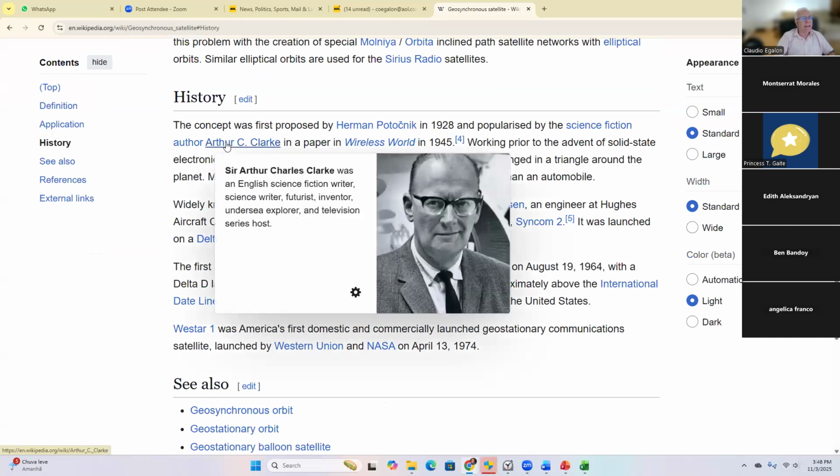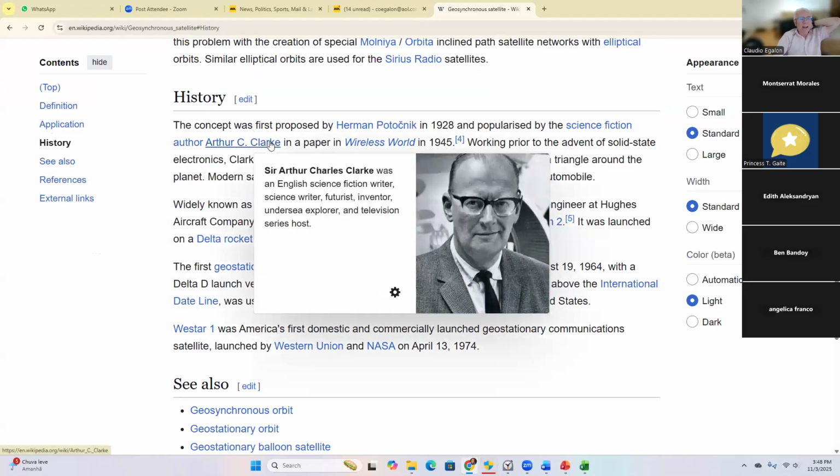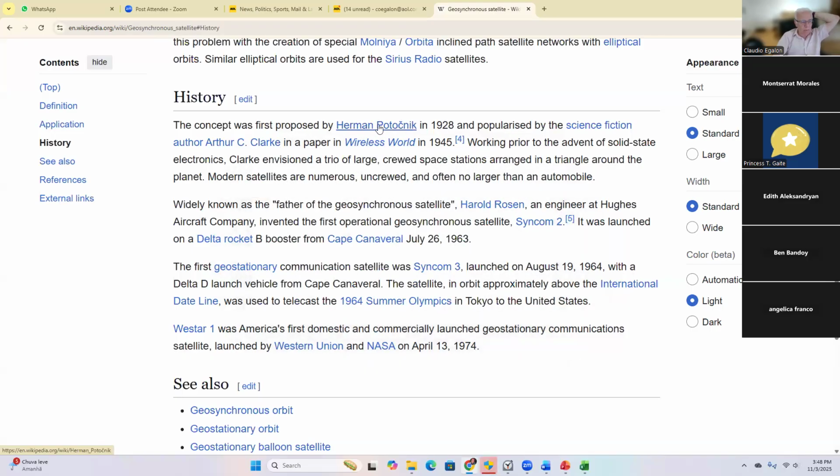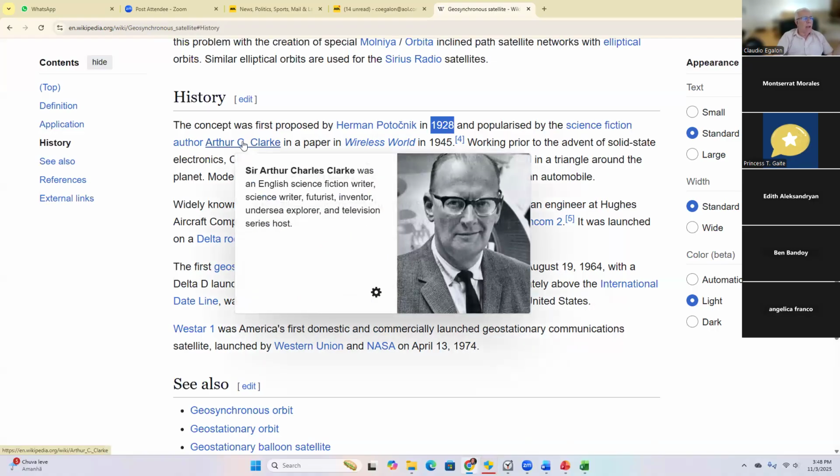So Arthur Charles Clarke did not invent this type of satellite. So he could not patent it because it was first proposed by this guy in 1928. It was an old idea already. Maybe he could have patented other things.